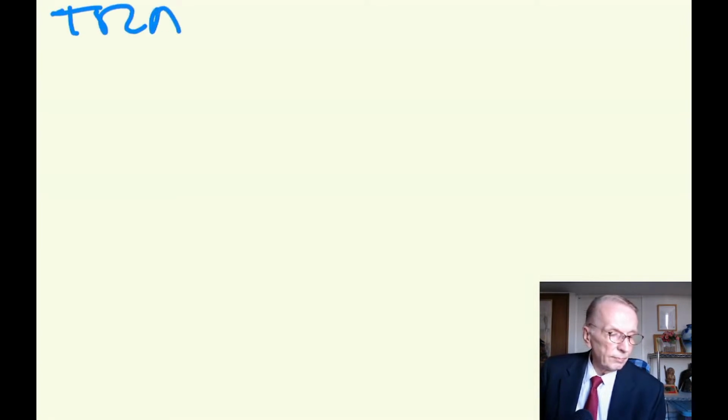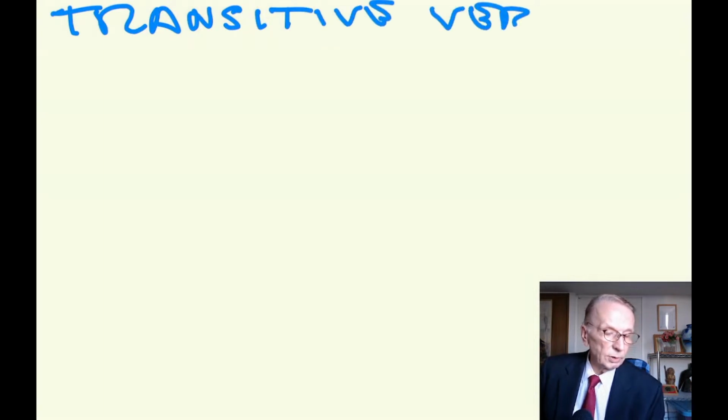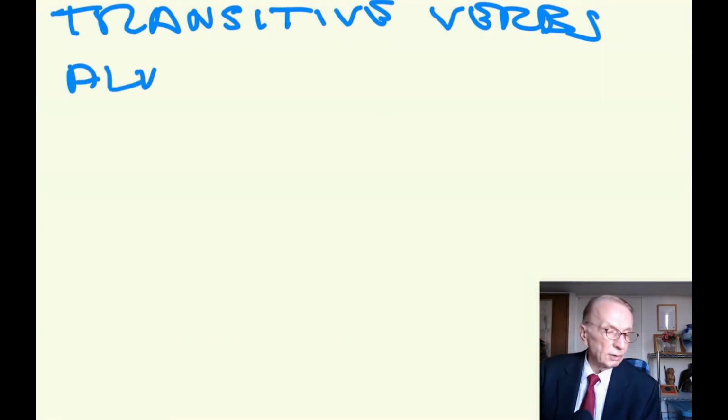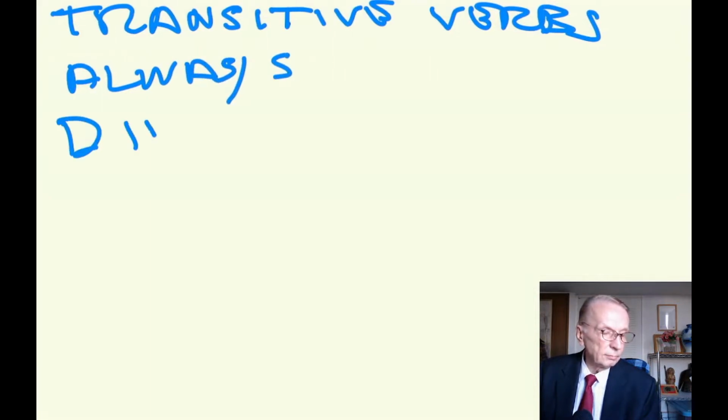So today it becomes a little bit more difficult, a little bit more complex, because we will be talking about transitive verbs. That's the subject for today, or the topic, I should say. Transitive verbs. Just as intransitive verbs don't have a direct object, transitive verbs always have a direct object.